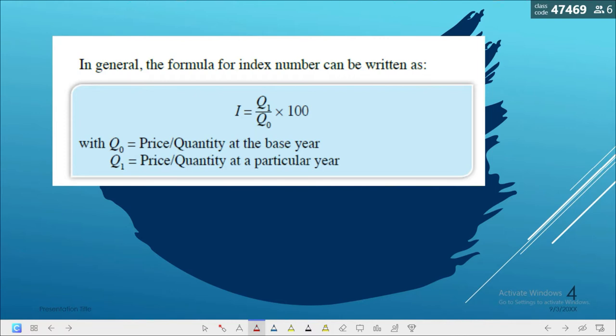We compare it with last year, so last year is the base year. Q1 is the quantity at the particular year. So this is the formula for the index: Q1 divided by Q0, then multiply by 100.